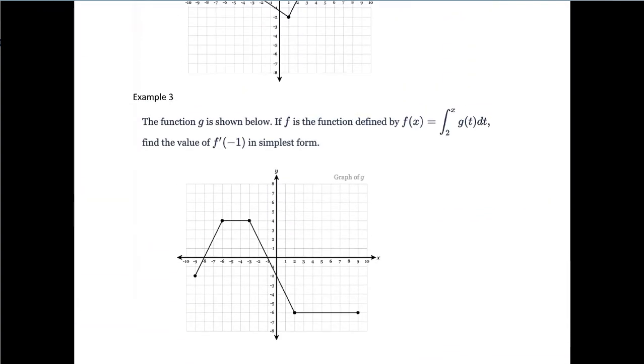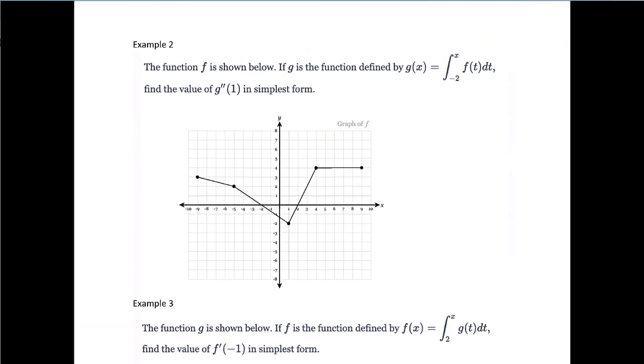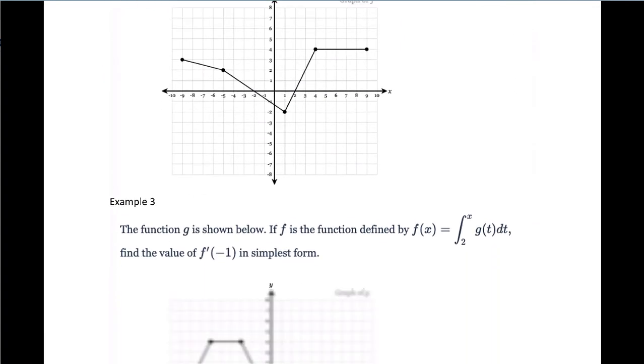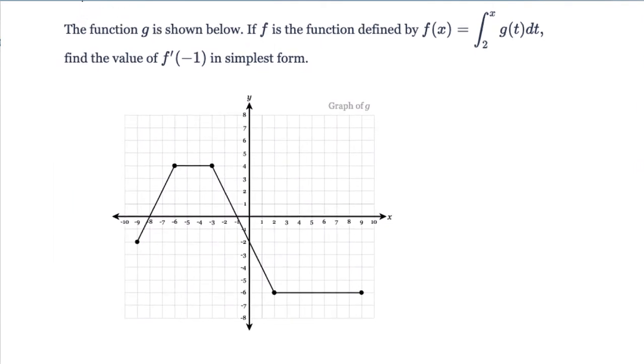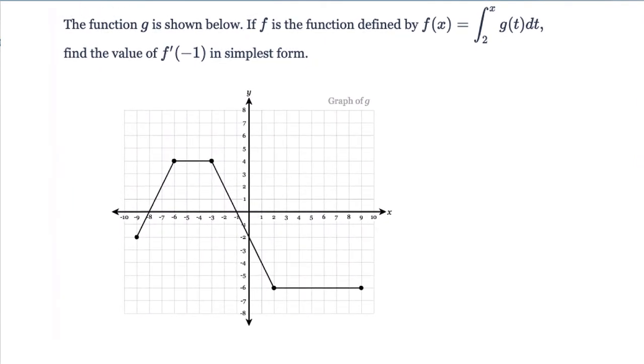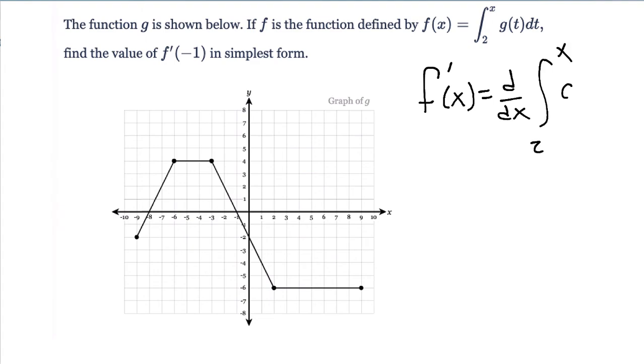Now let me go back up here. Let's look at this one right here. Notice we want to find f prime of -1. So if this is f of x, then it should make sense that f prime of x would be the derivative of this.